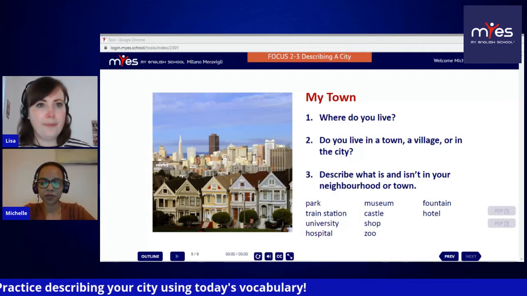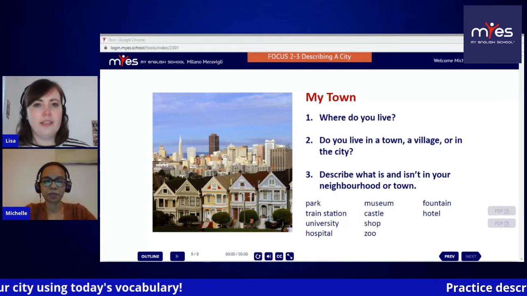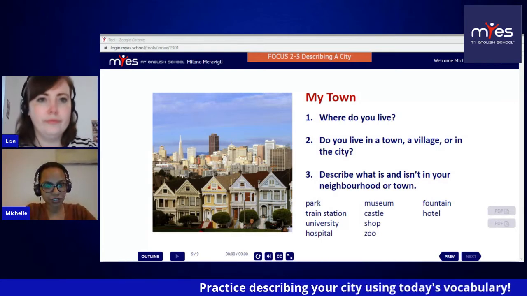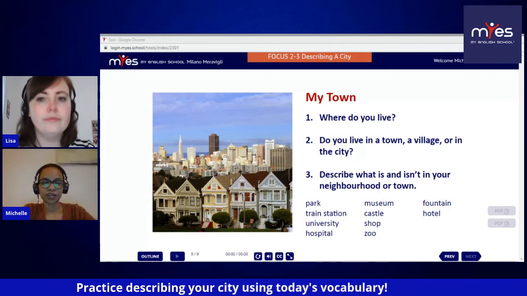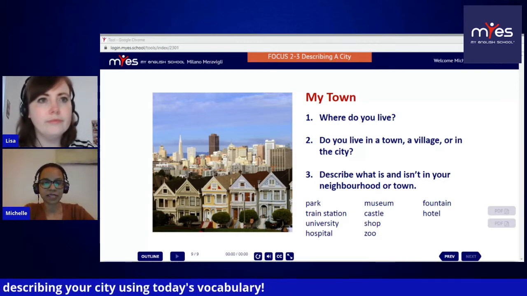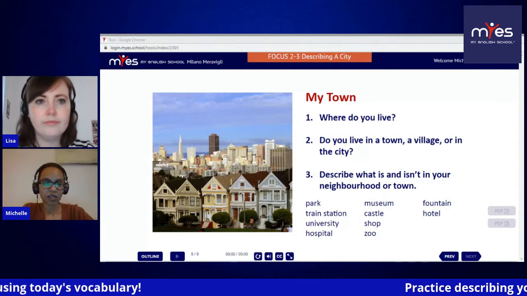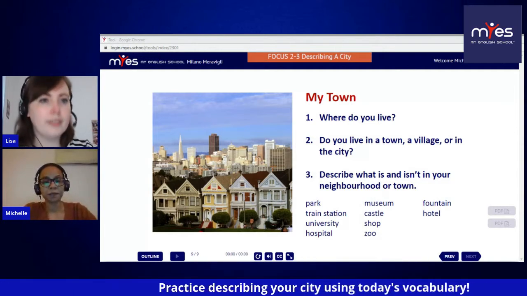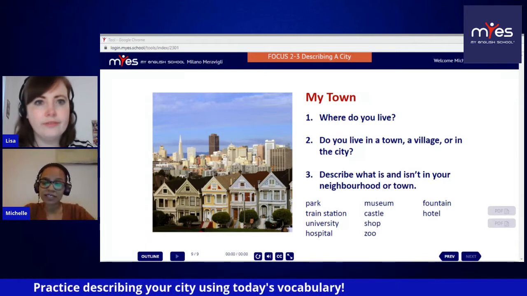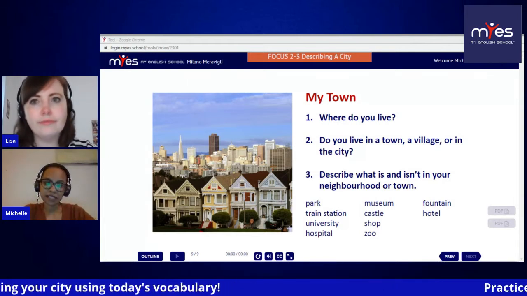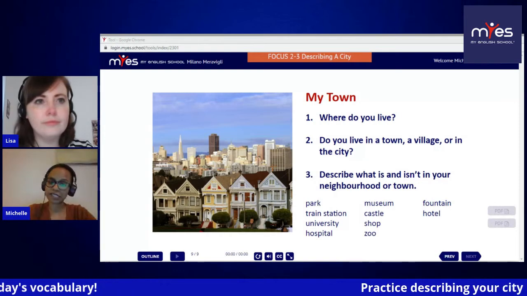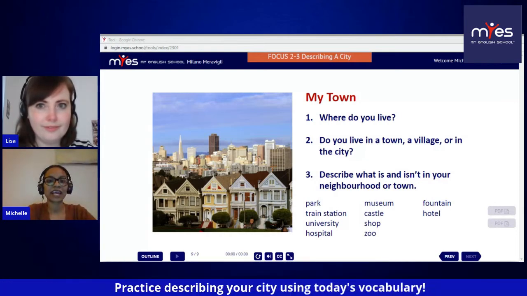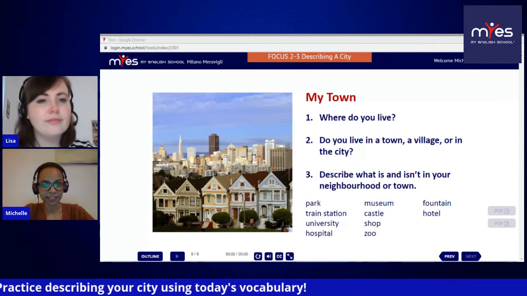In my neighborhood, there is a park, there is a subway station, there is a museum, and there are hotels. But there isn't a university and there aren't any castles.